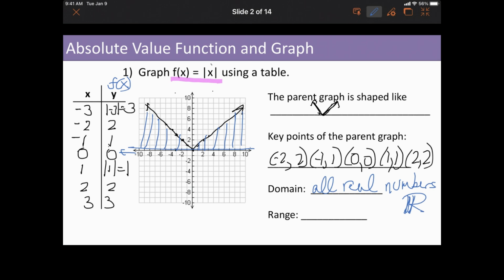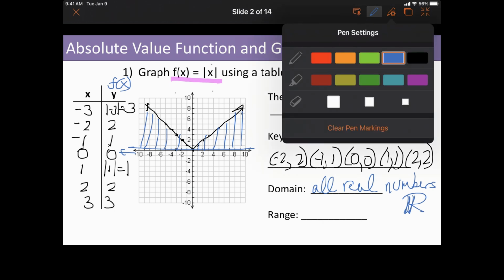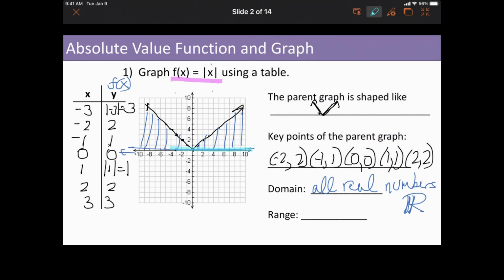Now the range are all the y values. So if you're looking here, you have to look this way. So there are values this way and up, correct? So there's something here and here and here and here. But is there anything down here? No. So for my y values, you can see it starts at 0 and it goes up.